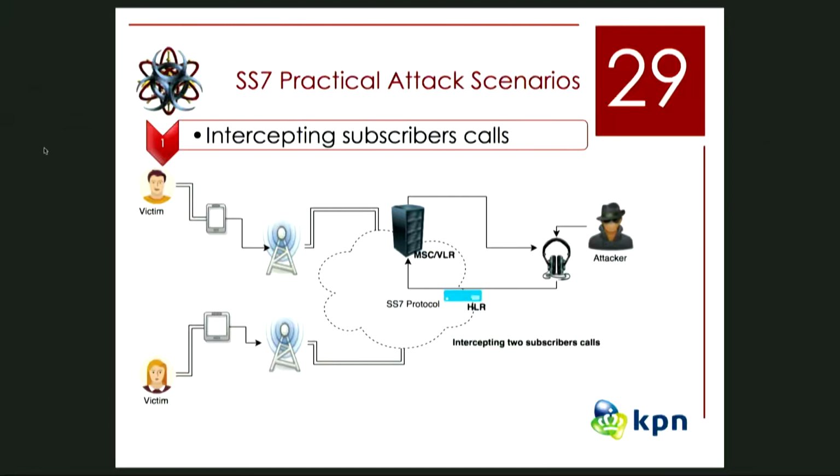So assuming an attacker managed to make changes in the visitor location register, he can change parameters and fake subscriber info so that the victim can be redirected into a conference call to the callee each time a call is made. So the attacker can listen to the conference call passively, while the victims think they are talking to each other, while it is a conference call and there can be one or multiple outsiders listening to the call.